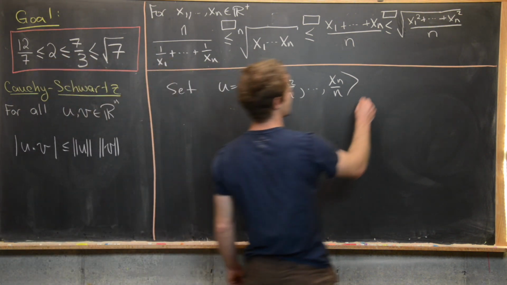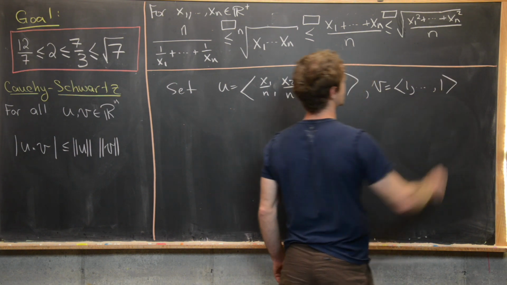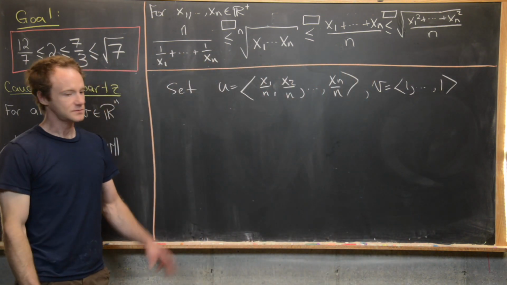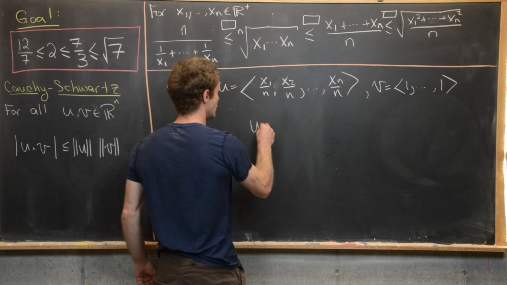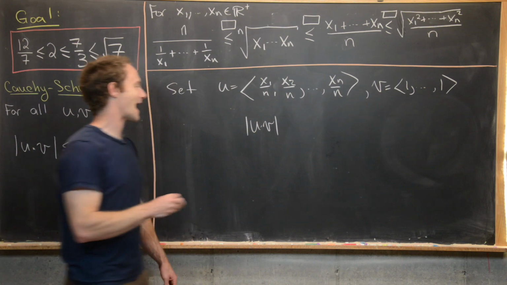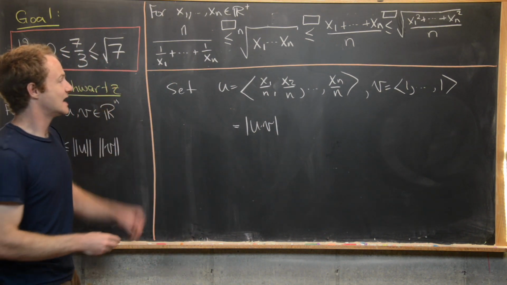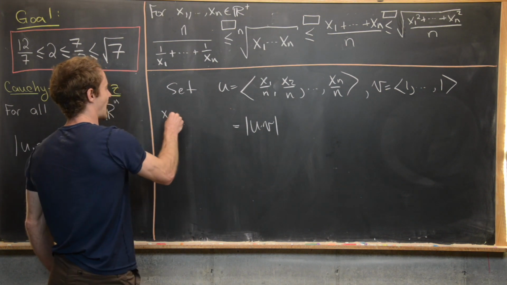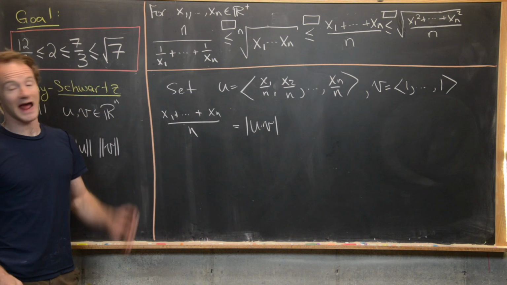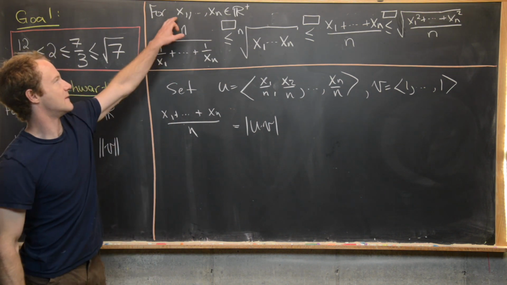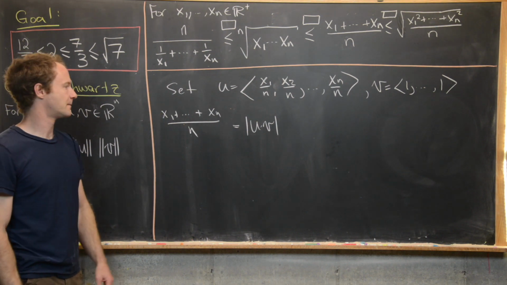And then I'll set v equal to the vector with all entries 1. Great. Now notice if I take u dot v and take the absolute value of that, that's going to be exactly the absolute value of x1 plus up to xn over n, but I can actually get rid of the absolute value because I've made the assumption that x1 up to xn are all positive.